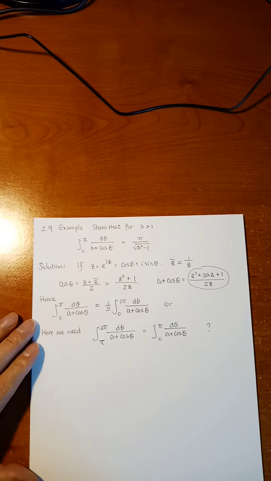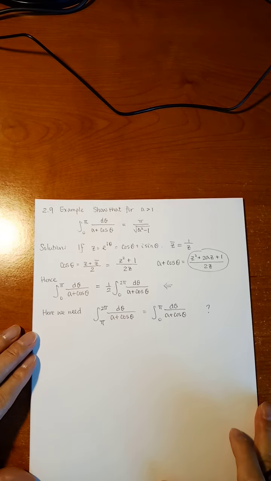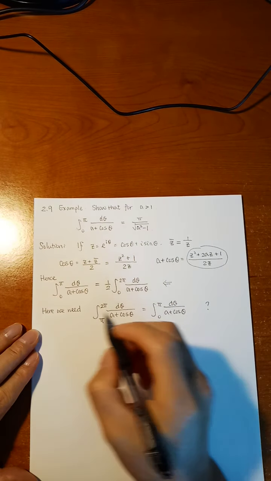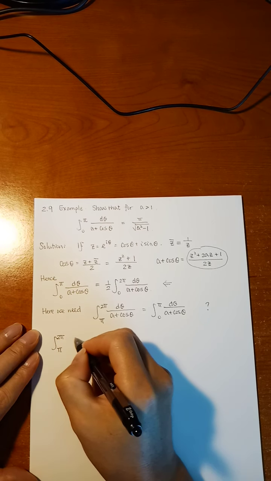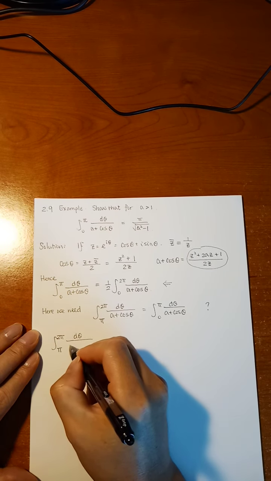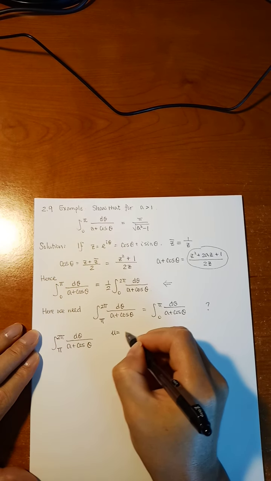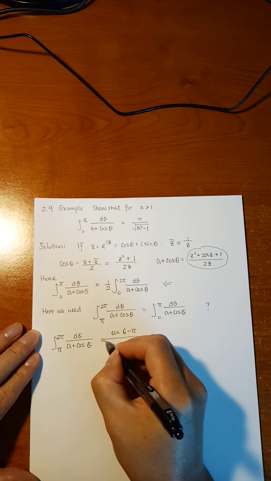Is this correct or not? Of course, based on what the author mentioned, it should be correct. Well, let's prove it. For the left side, from pi to 2 pi, we kind of shift it back, so we let u be theta minus pi.